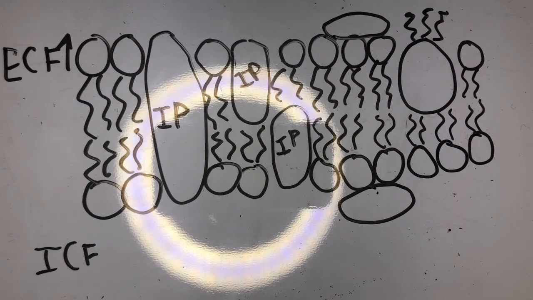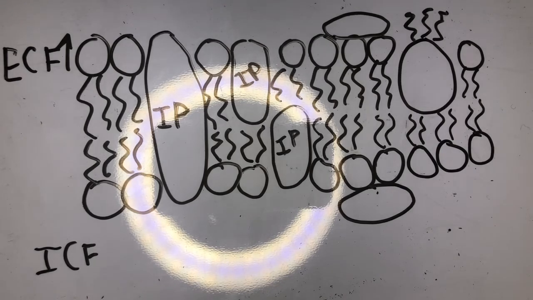These proteins are used for transport, motors, receptors, enzymes, cell adhesion molecules, all those kinds of functions. So these are going to help with things coming into the cell, going out of the cell, helping things move, all that sort of thing.